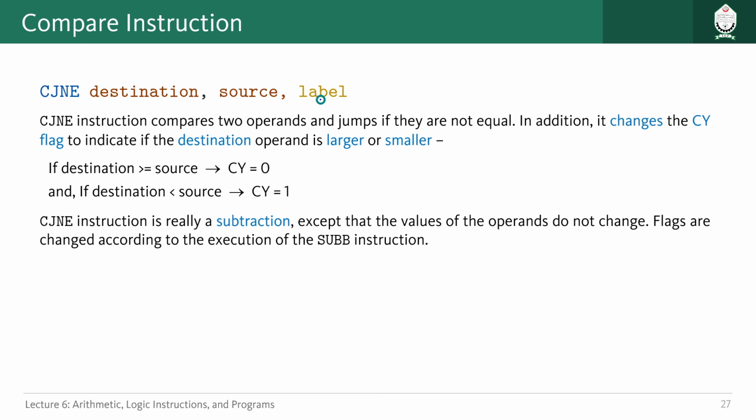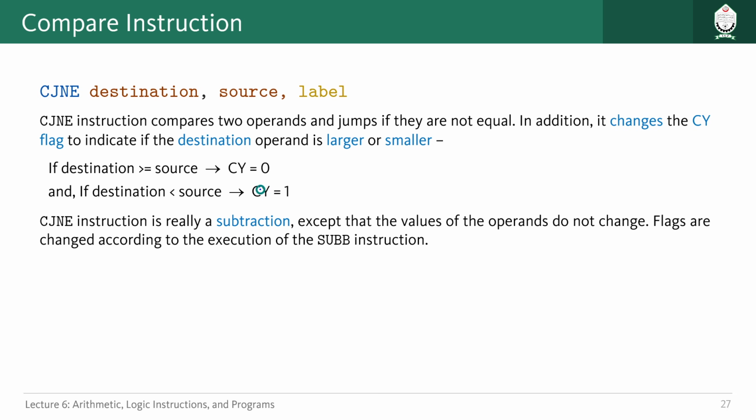This was our understanding, but it additionally does another thing: it can indicate whether the destination operand is larger or smaller with the help of the carry flag. If the destination is larger than or equal to the source, then the carry flag is equal to 0, and if the destination is smaller than the source, then the carry flag will be equal to 1. This is how it works.